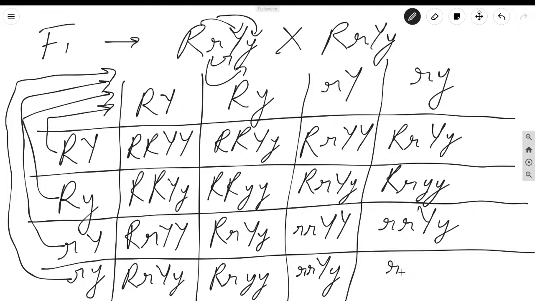Only the last one will be capital R, small y, completely homozygous, only the last one. So this is the cross that you will be getting.